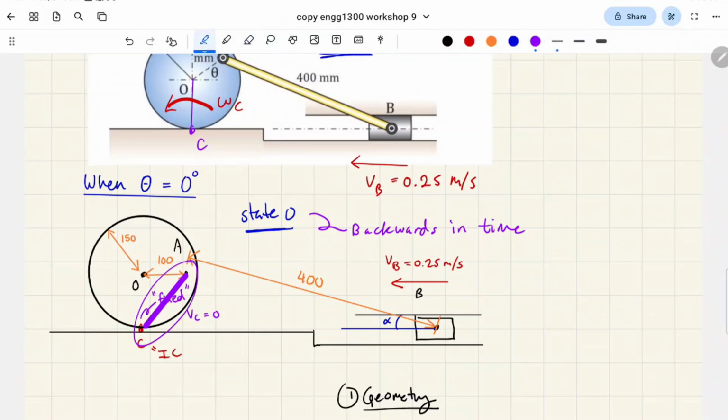This is AC, and this slider is going to be moving left, and this is going to want to go like that. So, sorry, this is the cleanest drawing. Basically, omega CA is going to want to go counterclockwise. And BA is this one.